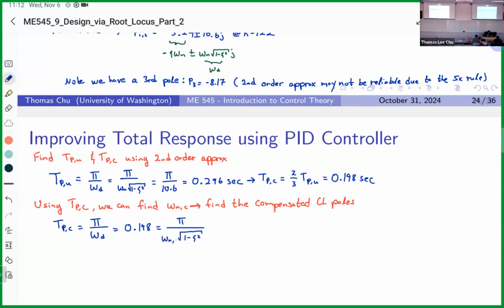Let me write this as omega n c, so it's more explicitly clear that we're finding the natural frequency. We get pi divided by 0.198 multiplied by the square root of 1 minus zeta squared, where zeta is equal to 0.456. And we get 17.8 radians per second.